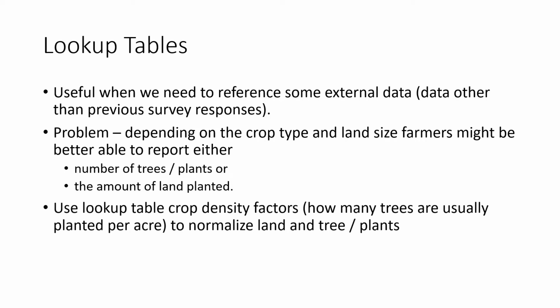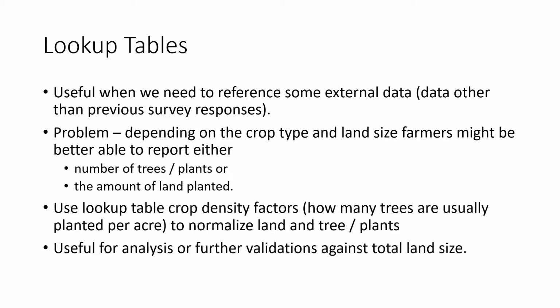So we're using a lookup table consisting of crop density factors. This is how many trees are usually planted per acre for each crop type, to normalize out reportings in land or trees and plants. We're doing this because it'll be useful for analysis or for further validations.